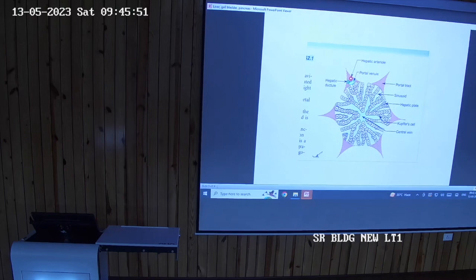Why did we name this the portal triad? See this diagram, it has three structures. One is the hepatic duct or the bile duct, another is the portal vein, and third is the hepatic artery or hepatic arteriole. These are the three structures present in the portal triad.